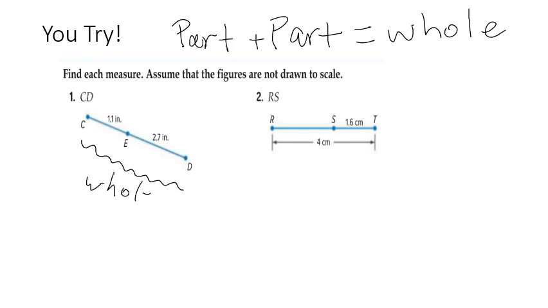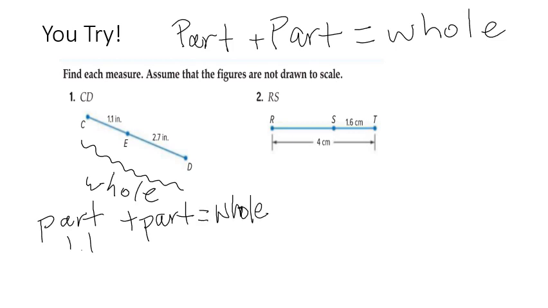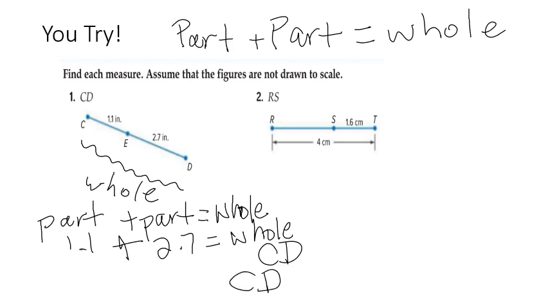So we'll say part plus part equals whole. So the 1.1 plus the 2.7 equals the whole CD. And if we add 1.1 and 2.7, we will get CD equals 3.8.